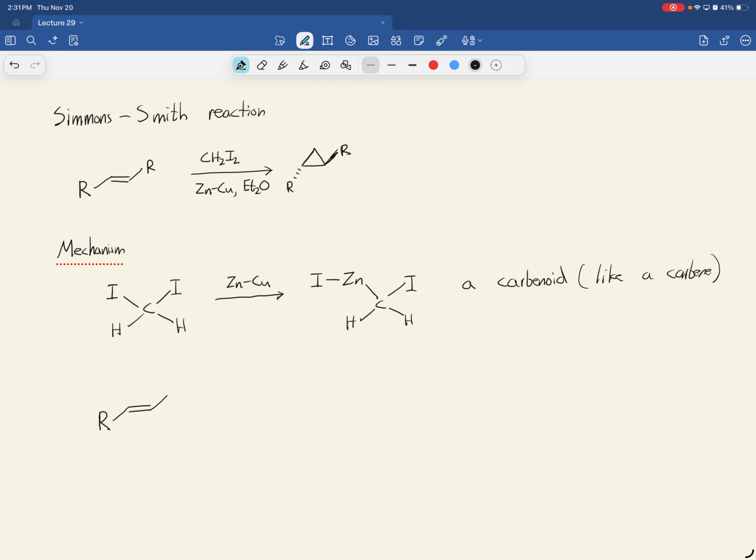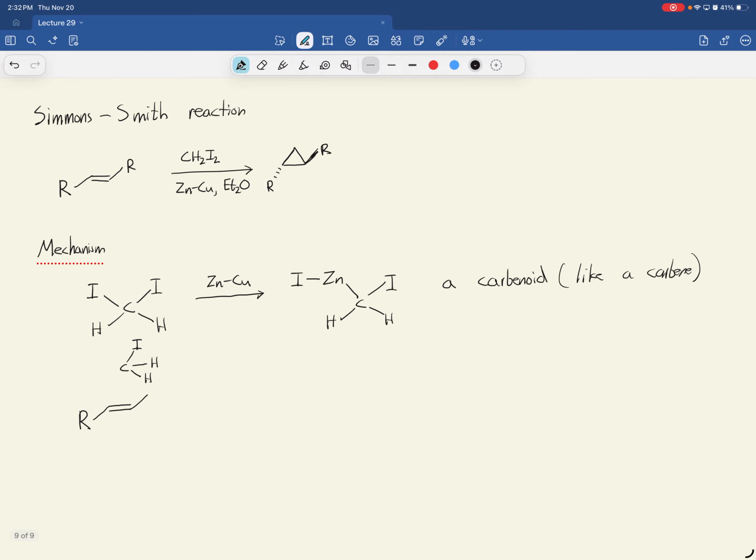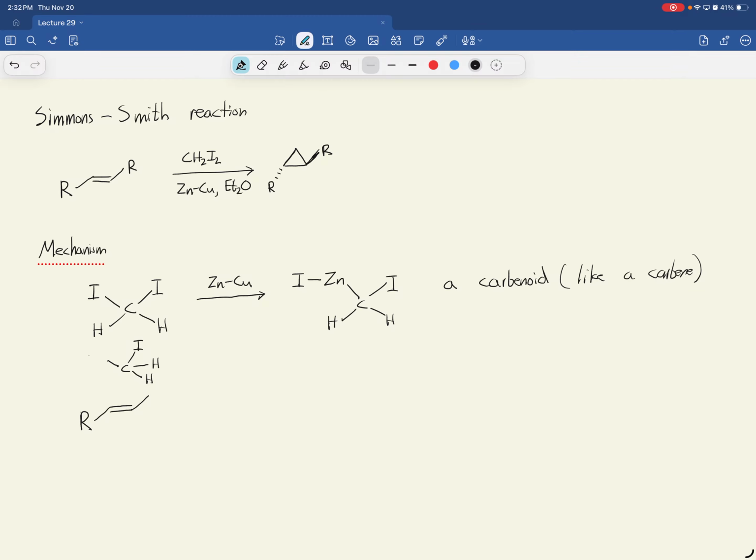Okay, but what happens here is that it's like the carbene reaction. You have the alkene here. So let's just draw the carbenoid like this. Okay, so I'm going to draw the iodine right here, the two hydrogens coming out of the plane, or kind of to the side there. And then my zinc group here is going like this.